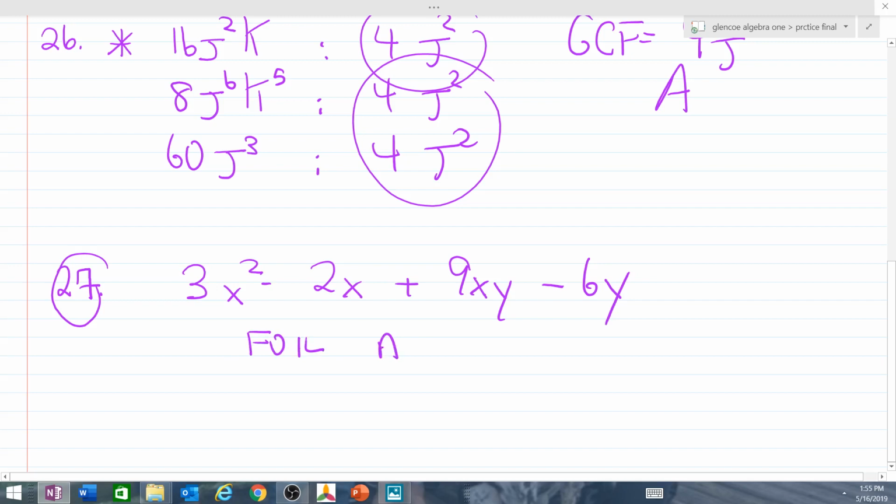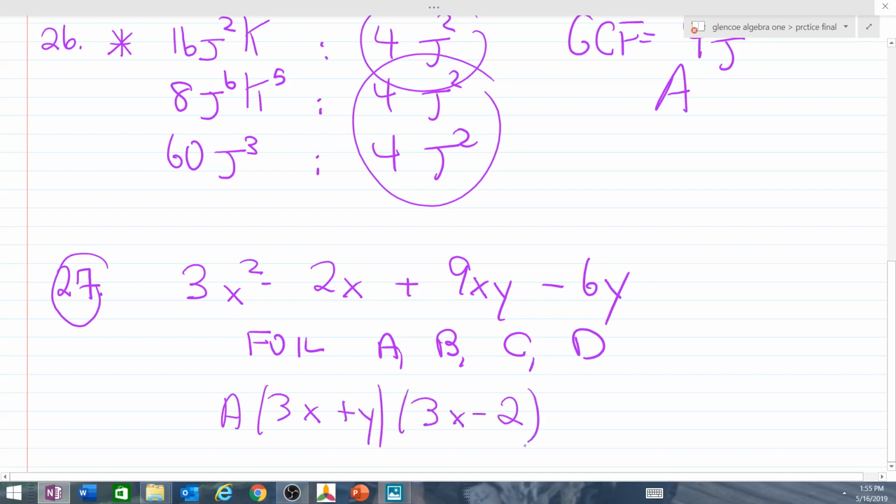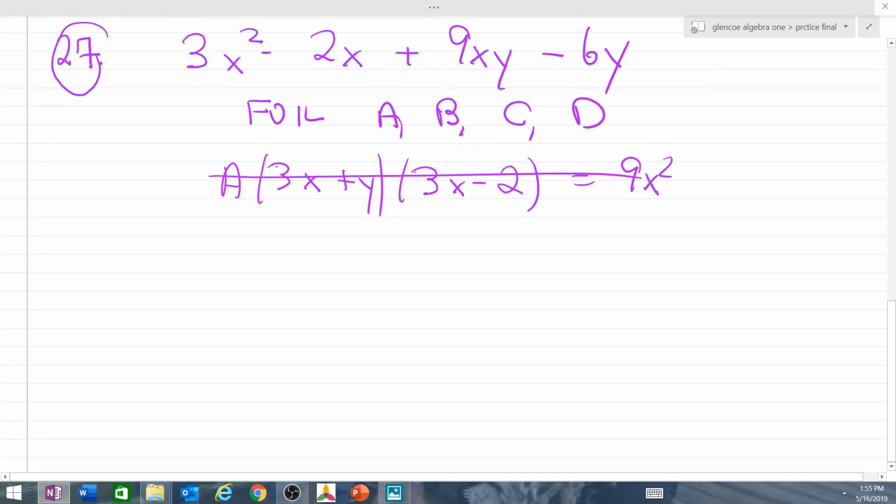FOIL choice A, B, C, and D. And when you FOIL choice A, you can see immediately that A is 3x plus y times 3x minus 2. That 3x times 3x gives me a 9x squared, so A definitely cannot be it, which means I'm now left with B, C, and D. And I'm going to let you guys finish that on your own, but I'm giving you some very major hints.